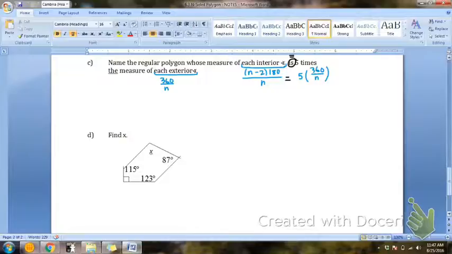Okay, this blue thing over here seems like a monster problem. It's really not. I can get rid of my n's because if I multiply this side by n, it cancels. And if I multiply this side by n, it cancels. So I'm left with n minus 2 times 180 equals 5 times 360.